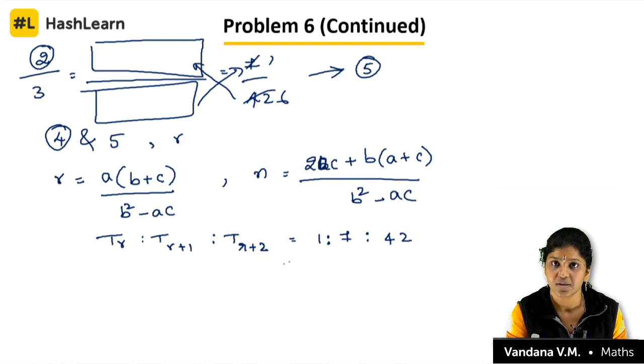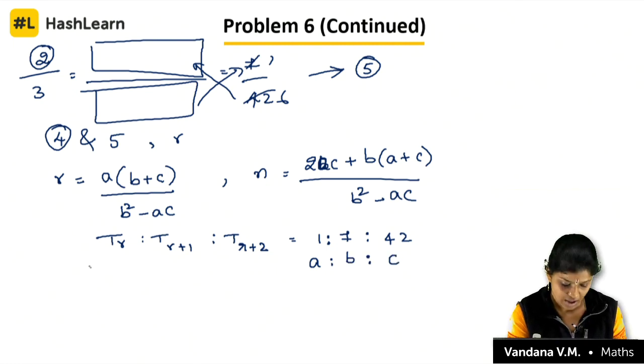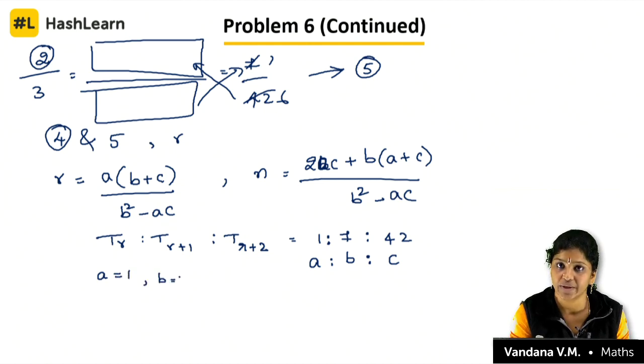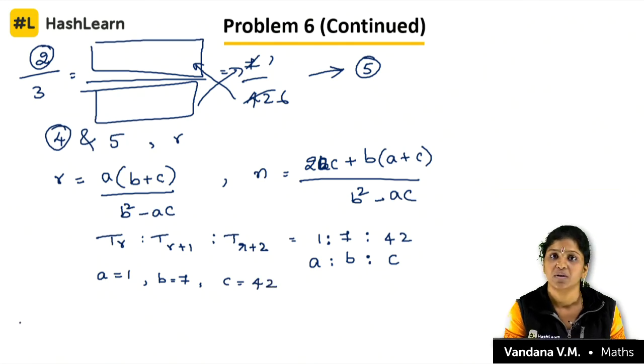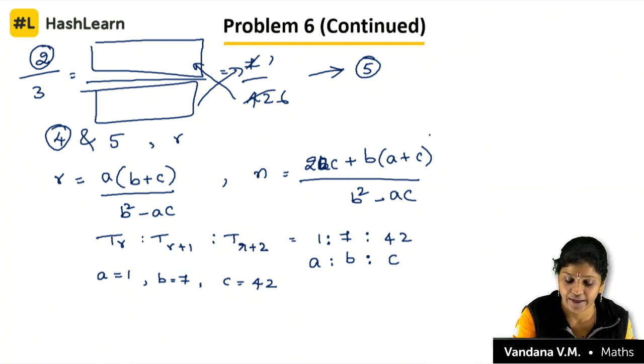So that means these 3 terms are in the ratio A is to B is to C. Now my A value is 1, B value is 7 and C value is 42. What we want? We want the nth term. Here they did not ask for the r value. They want which term? The n value, whole power what? Right? So substitute in n.